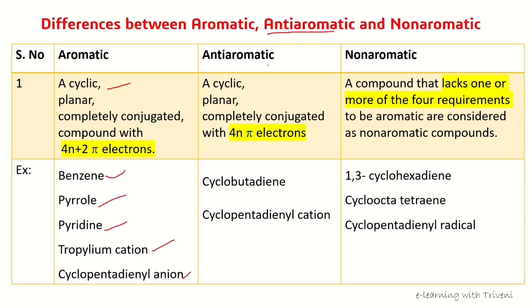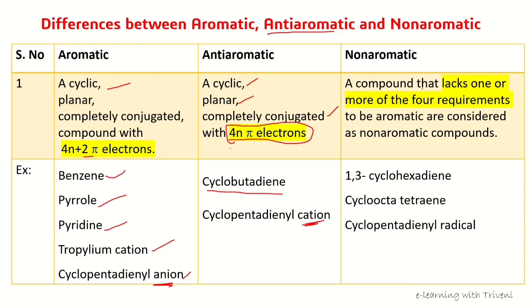Anti-aromatic means it should be cyclic, planar and completely conjugated, and it follows 4n pi electrons. Remember, it follows 4n pi electrons instead of 4n plus 2. Examples are cyclobutadiene and cyclopentadienyl cation. Here it is a cation, whereas in the aromatic case it is an anion.